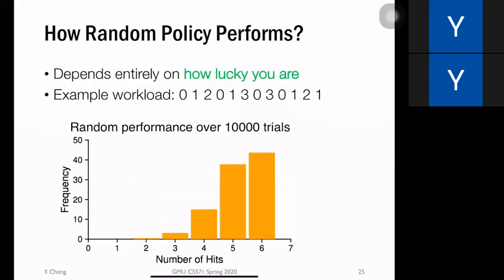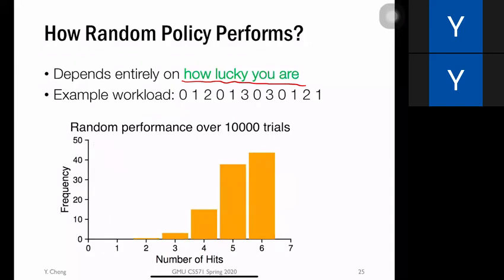Okay, and this slide tries to quantify the performance of a typical random policy implementation. The takeaway upfront is that the performance completely depends on how lucky you are, right? If you're using random, then luck is your friend. And also, of course, the workload.